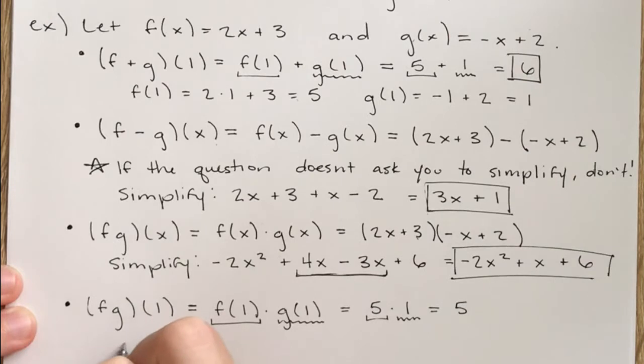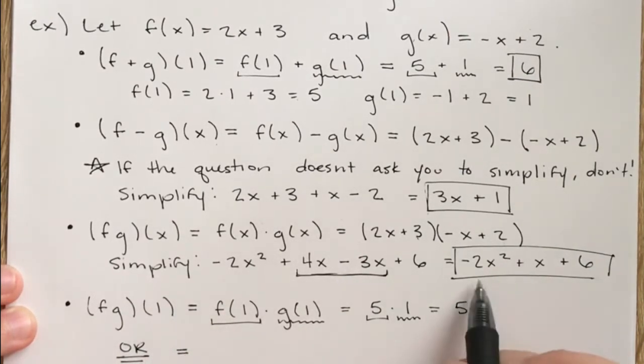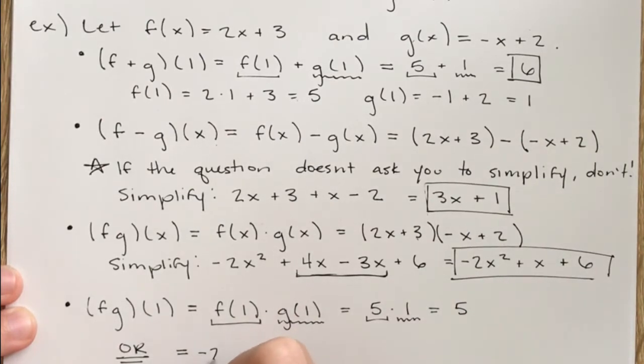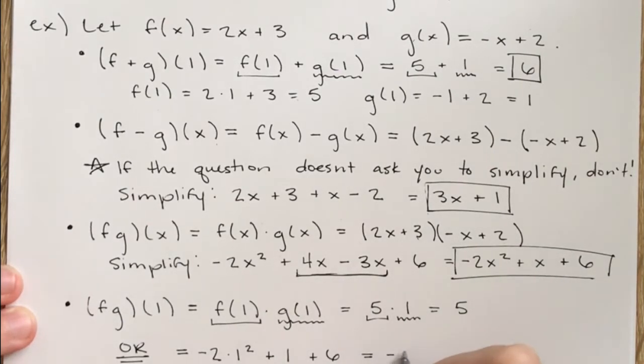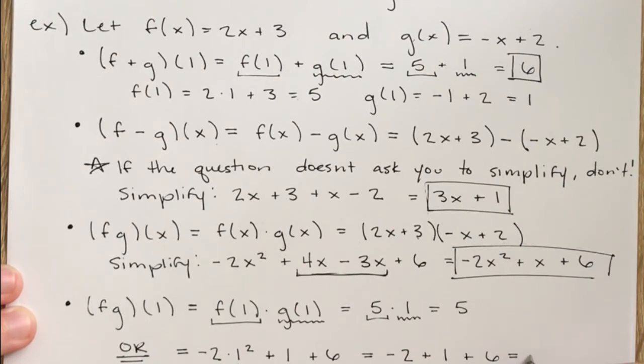So we have negative 2 times 1 squared plus 1 plus 6. 1 squared is 1, times negative 2 is just negative 2. Negative 2 plus 1 plus 6 is 5. Right? So this gave us the same answer.